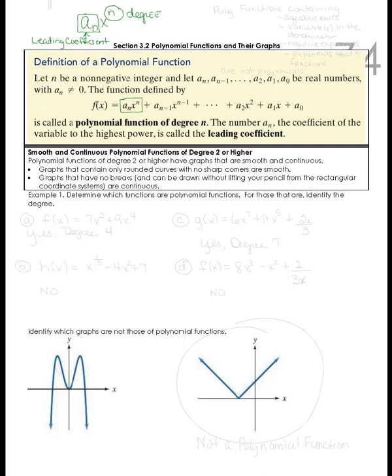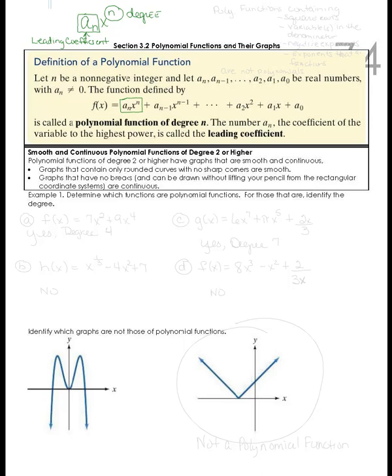The one that has the highest exponent, we identify as the degree of that polynomial, and the number in front of that variable is called the leading coefficient.